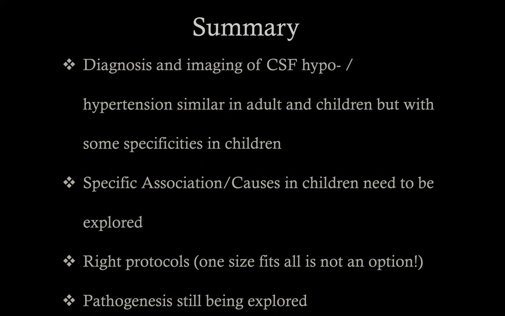Consider that the signs in isolation are not very powerful radiological signs. You can have specific associations, but you need to do the right protocol. So the orbits, and post-contrast in suspected venous thrombosis. And the pathogenesis still needs to be completely elucidated.